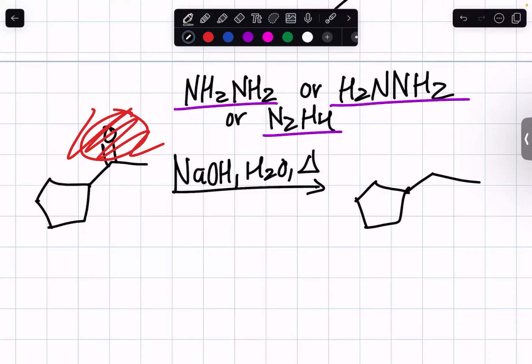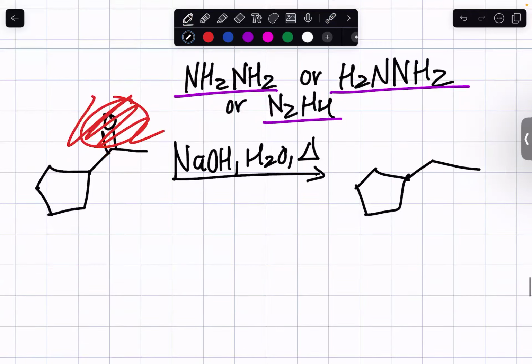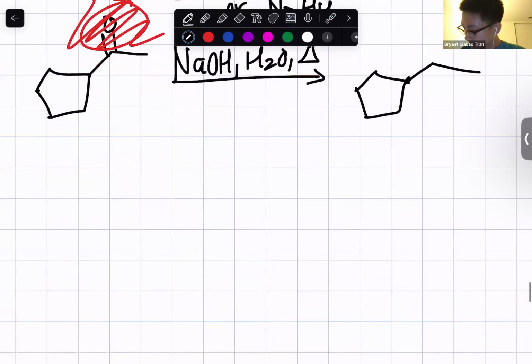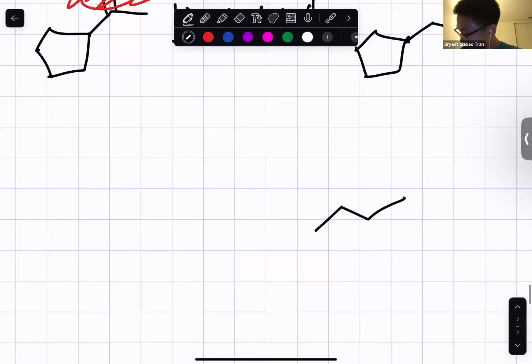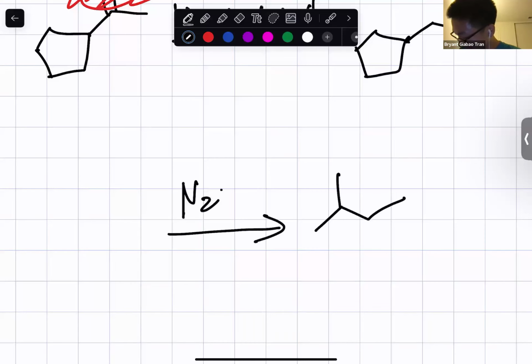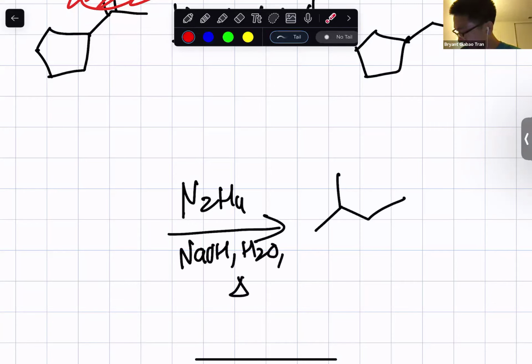Oh right, I remember him talking about this. I don't think he could give you a problem on predict the reactant from this, because if he gives something like this and then gives you the reagent, let's say N2H4, NaOH, water, and heat, your carbonyl could be here, it could be here, or it could be here.